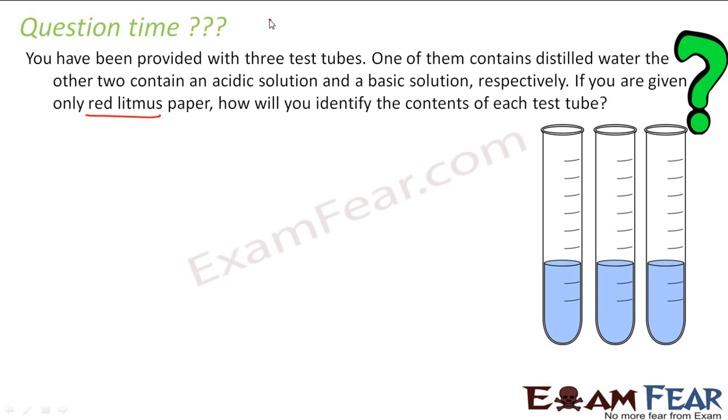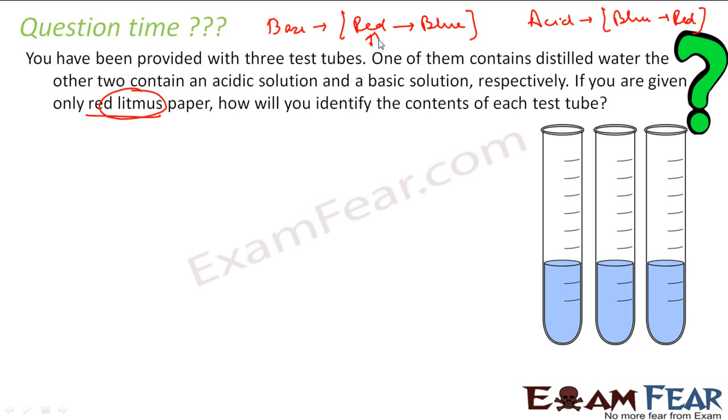For litmus paper, I know that if it is base, it will turn red to blue. If it is acid, it will turn blue to red. This is something we know. I am given red litmus paper, so I can use this, right? If the red litmus paper turns blue, then something is basic.